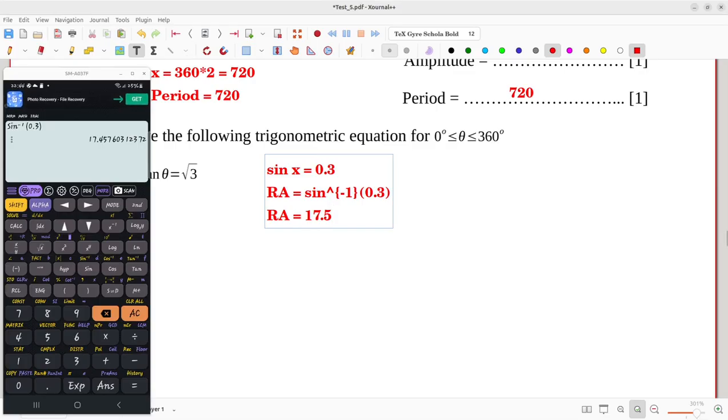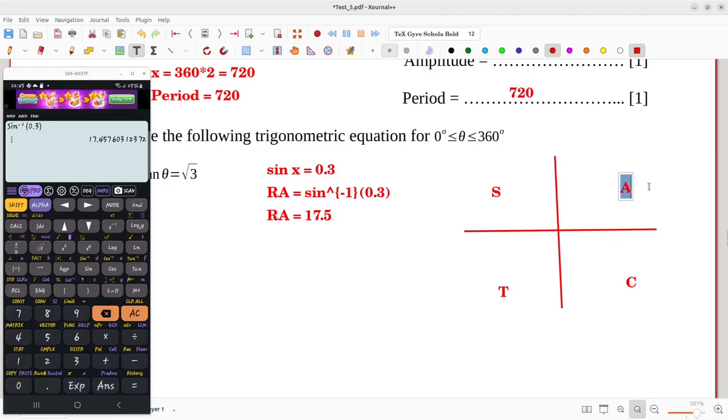You need to remember this. The cast diagram, C-A-S-T. That's cast. There are different ways to always remember this.